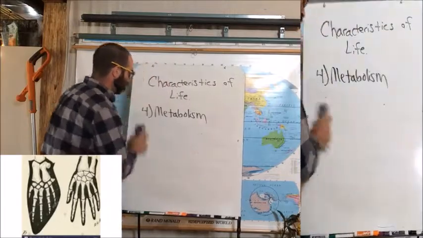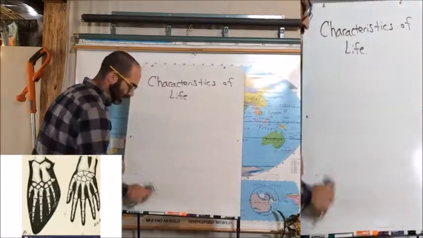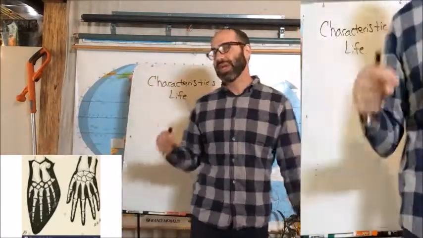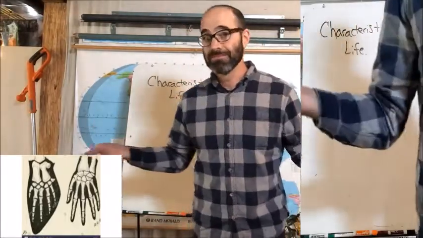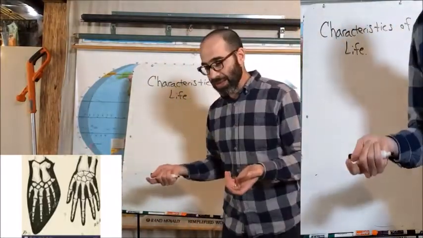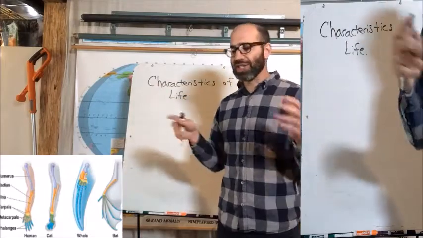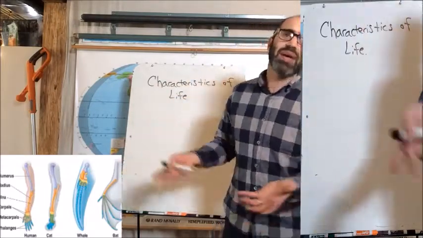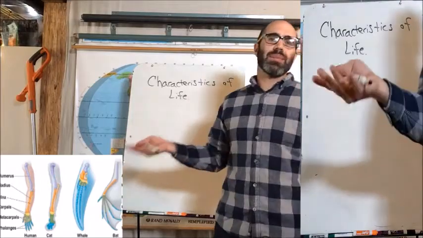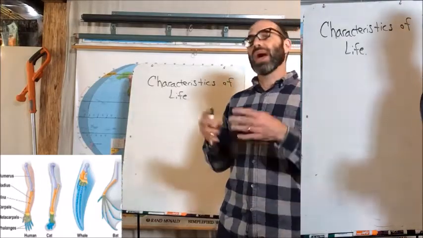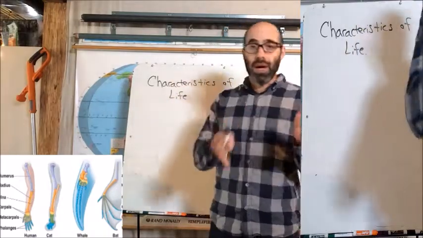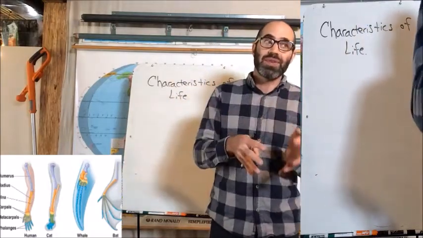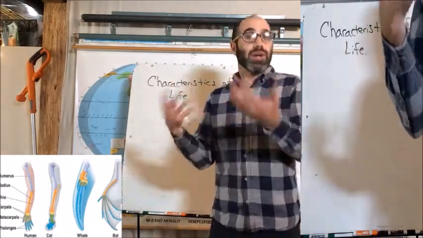There's one more. Now, you'll see in some situations where they separate adaptation and heredity. If you separate that, then you have 8 characteristics of life. But they're the same. Adaptation and heredity are hand in hand because you can't have adaptation without having heredity.